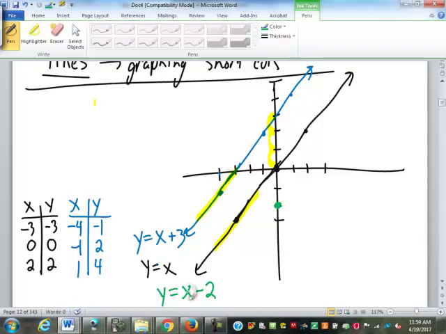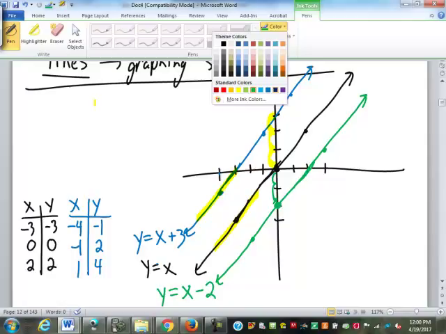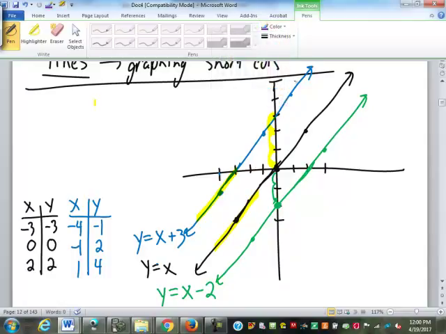If x is negative 2, negative 2 minus 2 would be negative 4. If x is 3, 3 minus 2 would be 1. So we get that line there. That is still parallel to our original line. It has just moved down 2 spots. So adding or subtracting takes that line and moves it up or down.